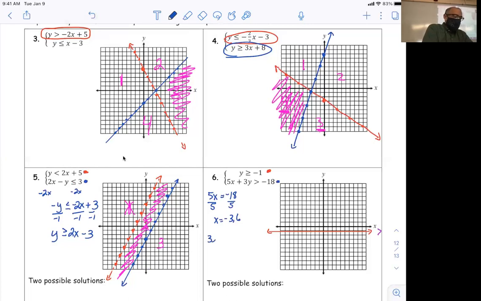I'm going to say that 3y is equal to -18, and when I divide that out, I'm going to get a -6. So these are pretty far apart. 1, 2, 3, 4, 5, and 6 on the y-axis. 1, 2, 3, almost 4 on the x-axis.